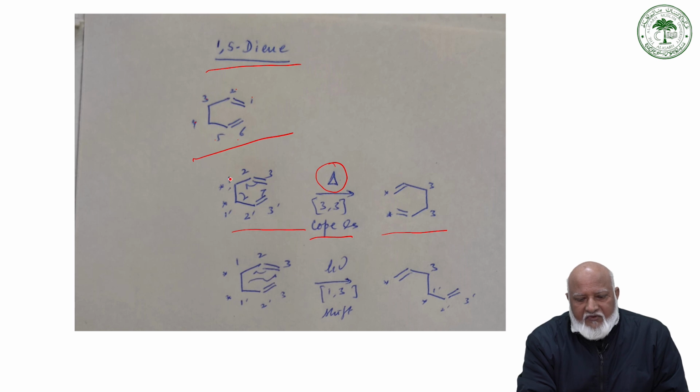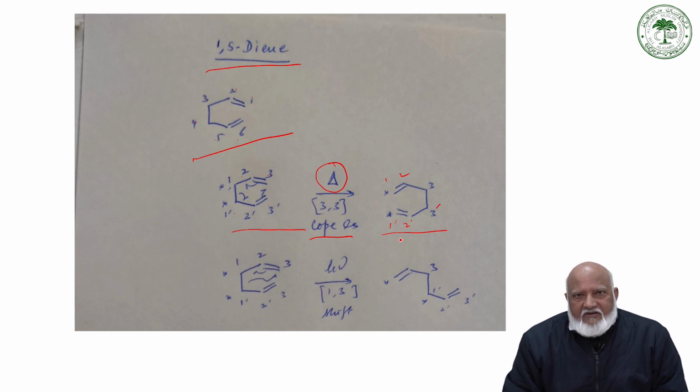If we number this 1, 2, 3, 1 dash, 2 dash, 3 dash, it is a concerted, one-step reaction where the bond between 1 and 1 dash is cleaved, and a new sigma bond between 3 and 3 dash is constructed, whereas the double bonds are now created between carbon number 1 and 2 and 1 dash and 2 dash. If it is unsubstituted, both are more or less the same.